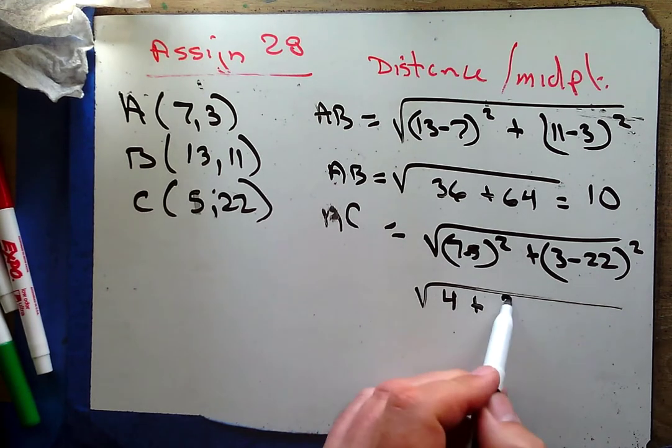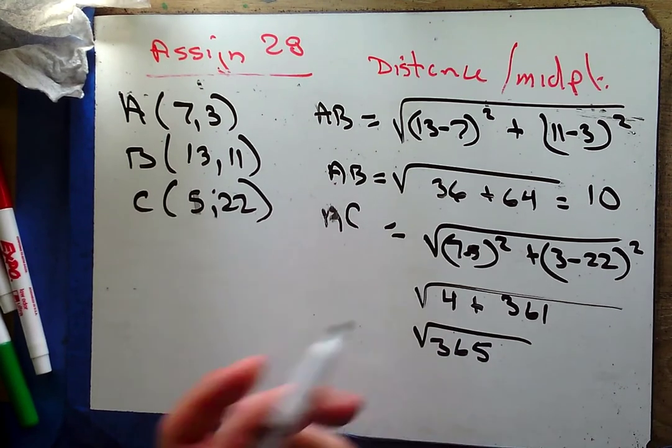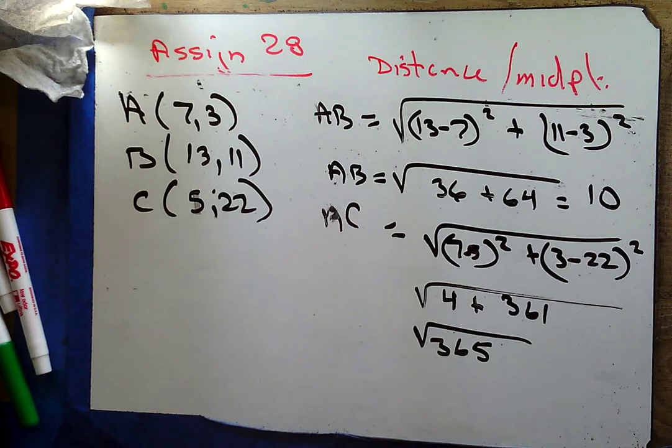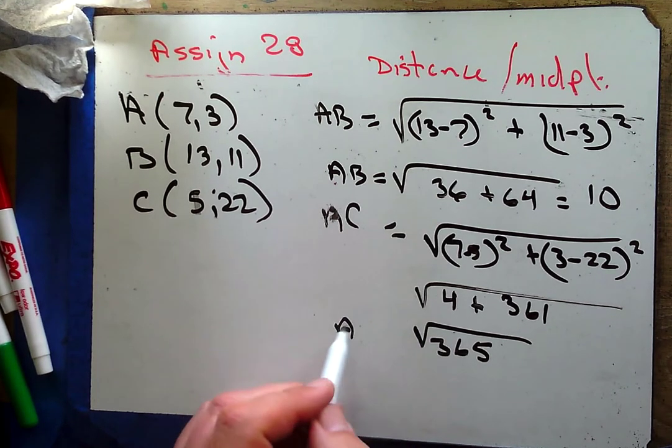Okay, so plus 361. We get the square root of 365. 365 is not a perfect square. I see that it is divisible by 5, but it's 5 times 73, and 73 is prime. So that's as far as I'm taking AC.